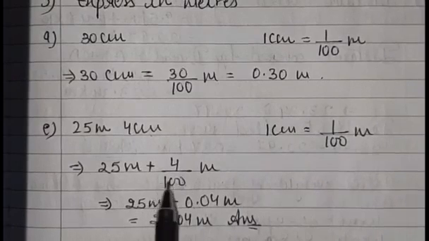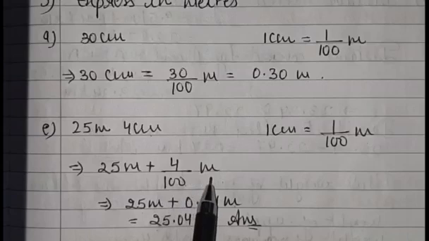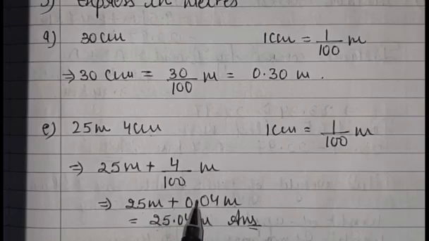When we solve 4 upon 100 meters, it will come 0.04 meters. When we add 25 meter and 0.04 meter, it will be 25.04 meter. This is the decimal part we have to write after decimal, and this is the whole part we have to write first before decimal.